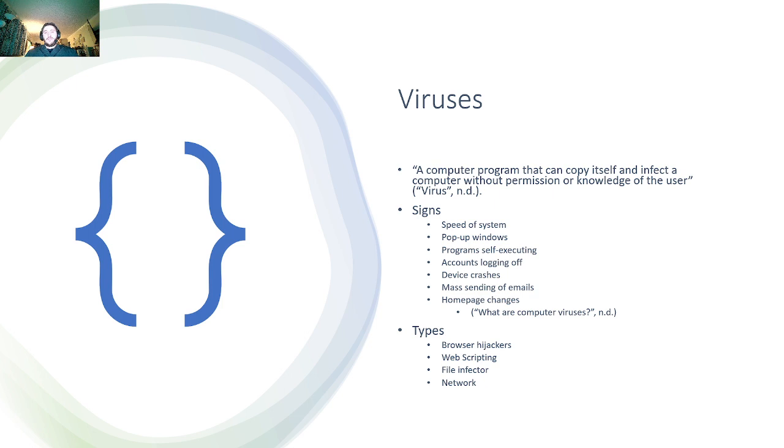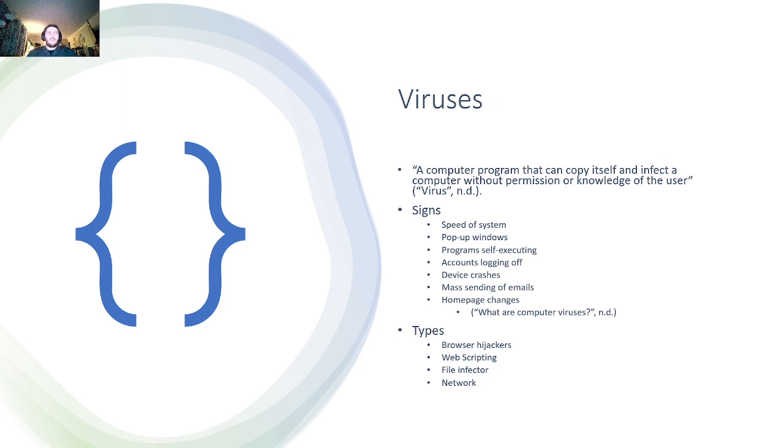Viruses, this is one that most people have heard before. It's just a program on a computer that can duplicate itself and infect different users within the organization or whoever's on the network. Some signs of this could be the speed of the system, pop-up windows, stuff we talked about before.